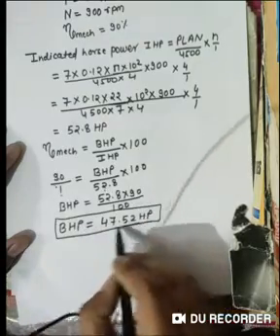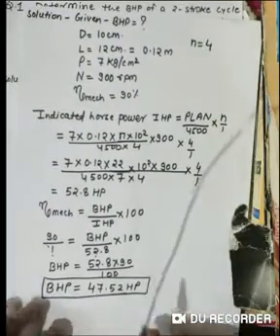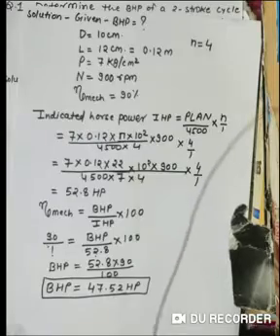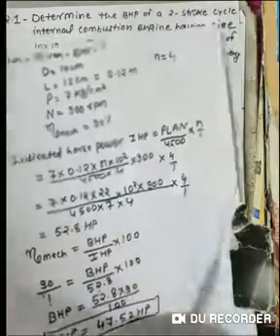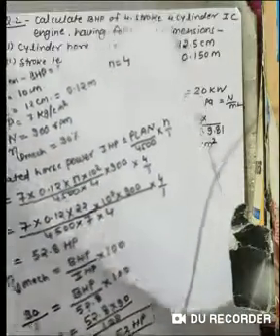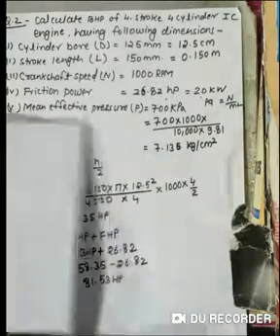So in this way we can calculate the brake horsepower and indicated horsepower for any engine. So now we will go to the next question. Okay, so now question number 2.